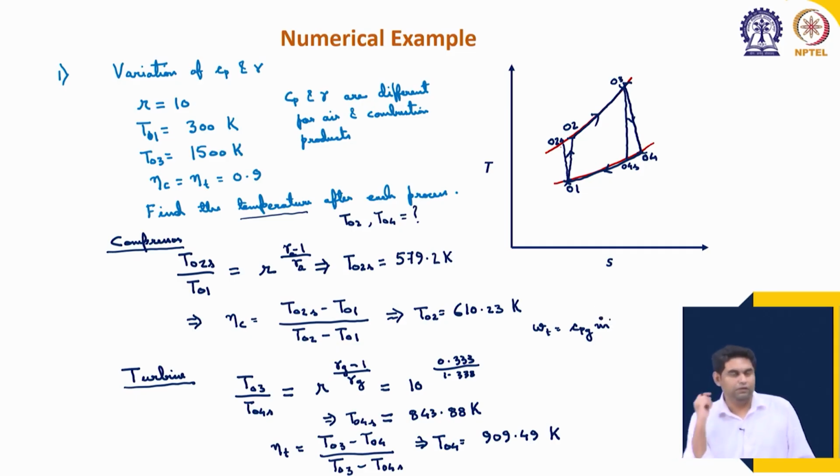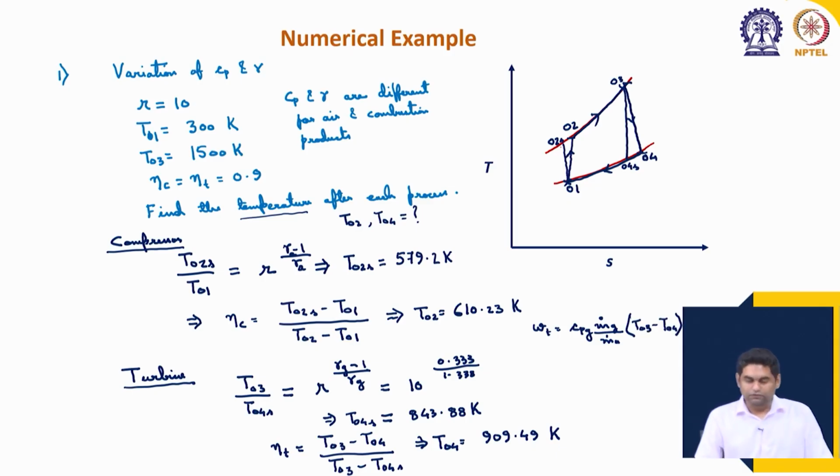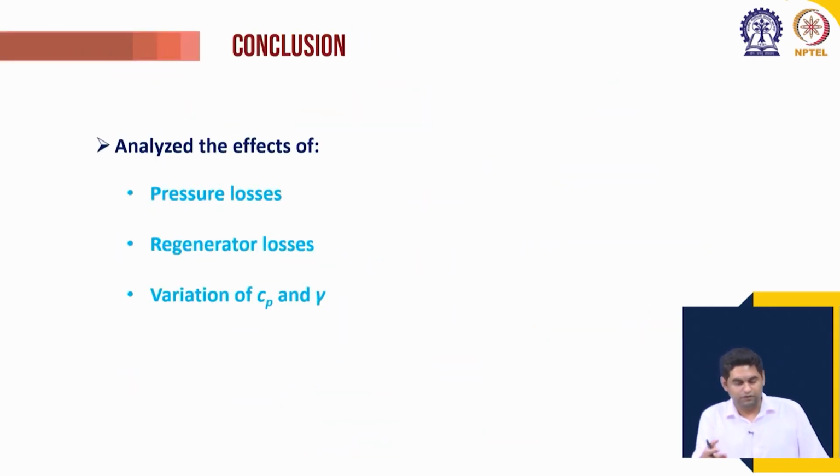So, if we are doing the problem per unit mass flow rate of air, this will be m dot G by m dot A, because that is the ratio of the mass flow rate. So, per unit mass flow rate of air in the turbine we have larger mass flow rate multiplied by T03 minus T04. This may be confusing now, but in the next class this will be clear. Okay. So, this is how you need to incorporate these effects. Similarly, for pressure losses also you can easily do the calculations, these are not difficult.